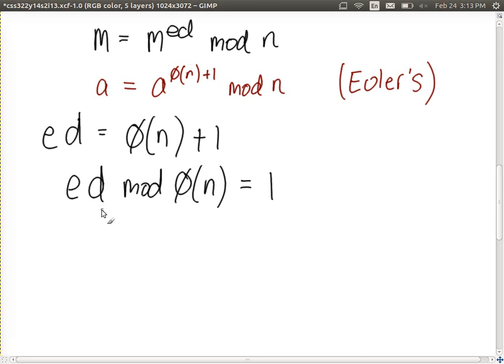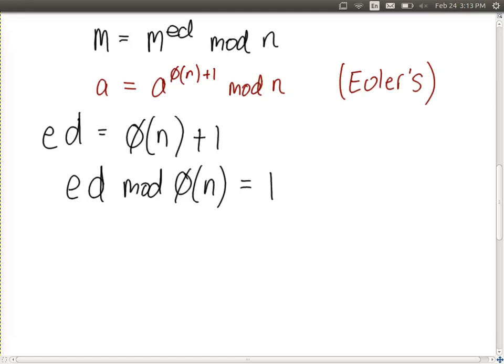So the conditions for RSA to work so far are this last equation. We need E times D mod the totient of n to be equal to 1. This is multiplication. So we need to have some conditions for that to work. What does it say about E and D?